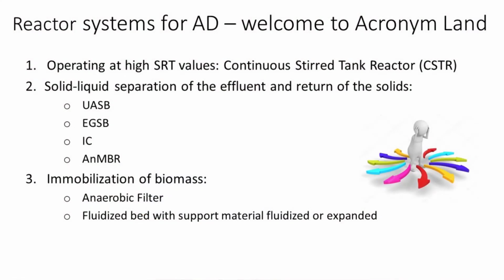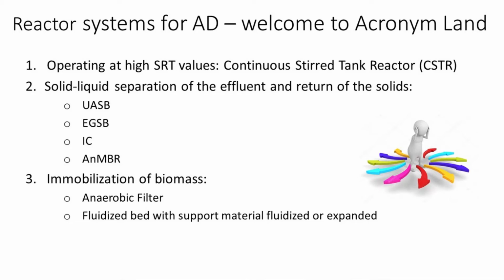We need to move a step further, and so we need to rather build reactors for anaerobic digestion. And unfortunately, this comes with a lot of acronyms. So the simplest reactor we'll discuss first, mainly for slurries, things like manure, is the continuous stirred tank reactor. And then we'll discuss different options in which we manage to separate the liquid from the solid, so to keep the sludge in the reactor while the water or the feedstock goes through.